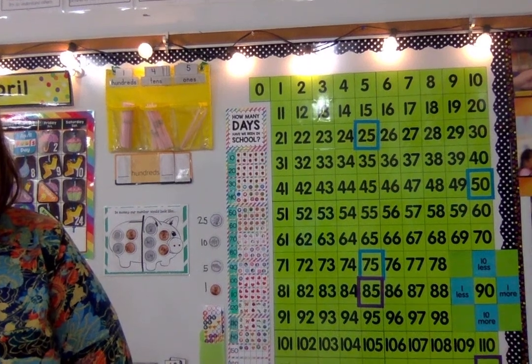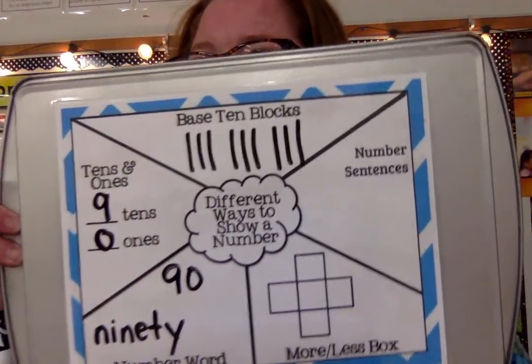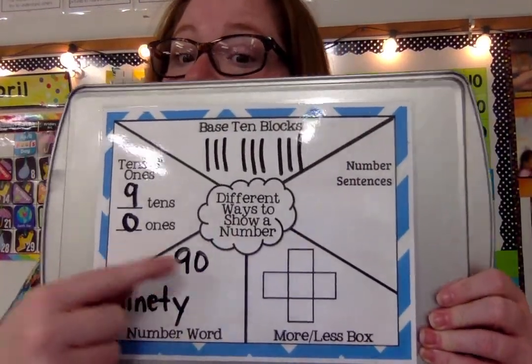All right. How many tens? How many ones? What does it look like with our base 10 blocks? A few more seconds. Did you say there were 9 tens? 0 ones?